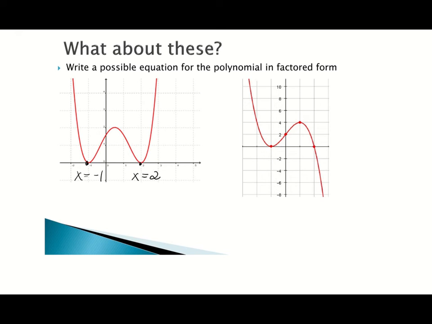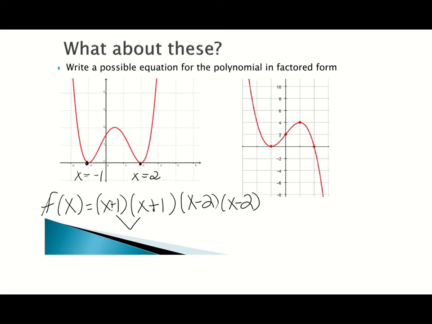So if I were to write this out, I have f of x equals x plus 1, and since it is a double root, I have 2 of them. I have another x plus 1, and then I have 2 x minus 2's.